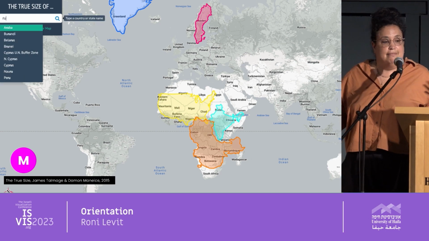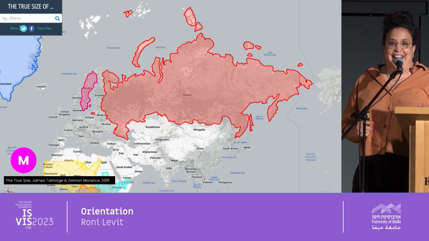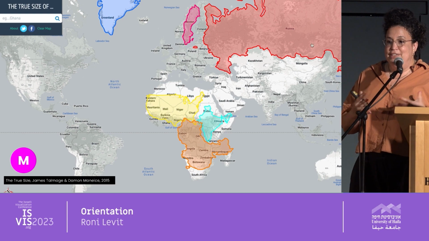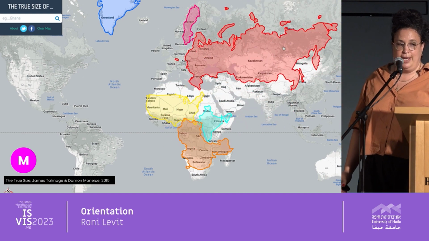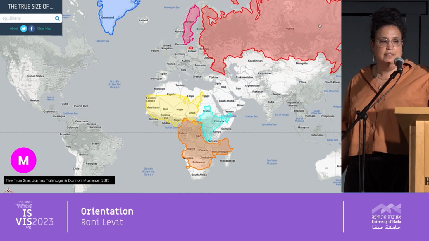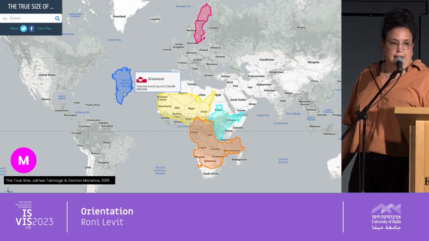We feel that Europe is bigger. And this perpetuates social biases because we kind of still believe that the world is dominated by whoever is in the north. So I truly recommend coming into this site, The True Size, where you can drag countries up and down the map to see what their true size is.